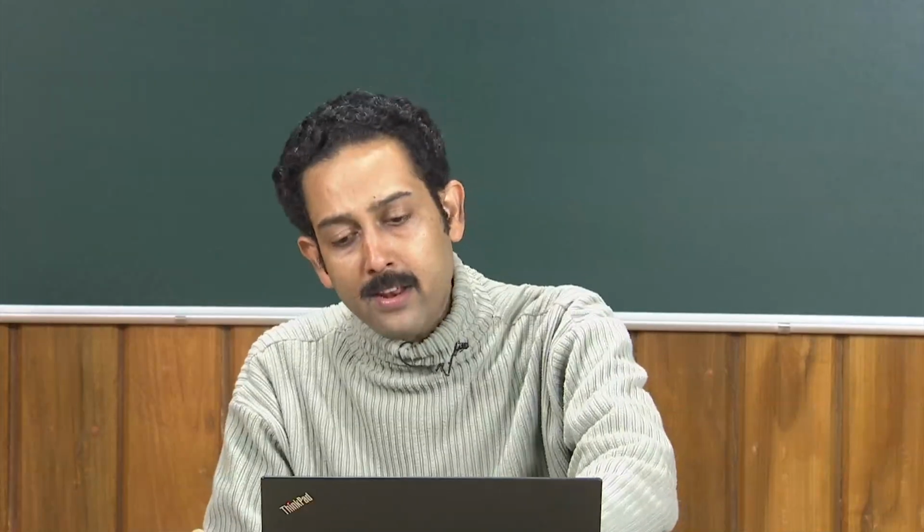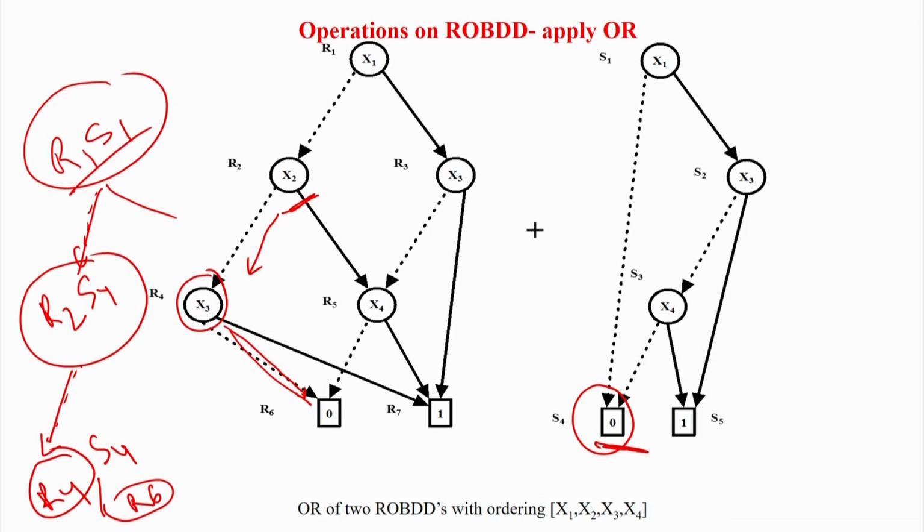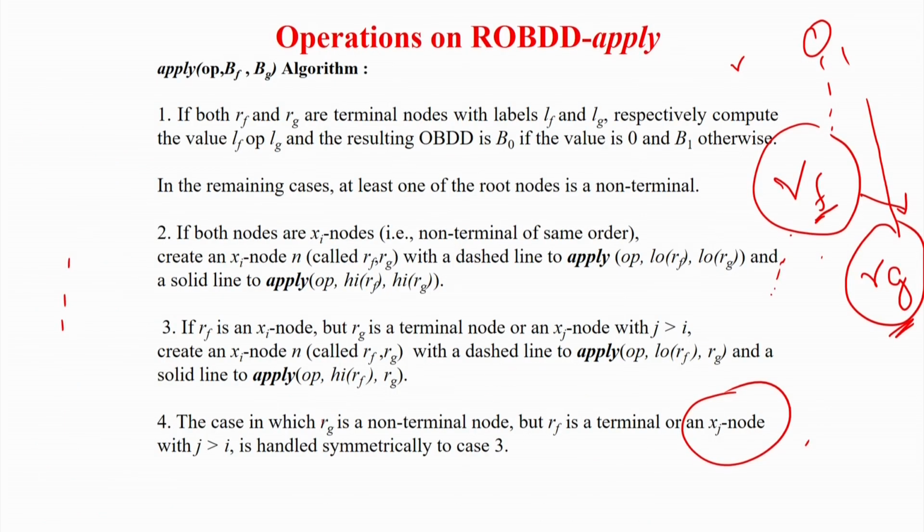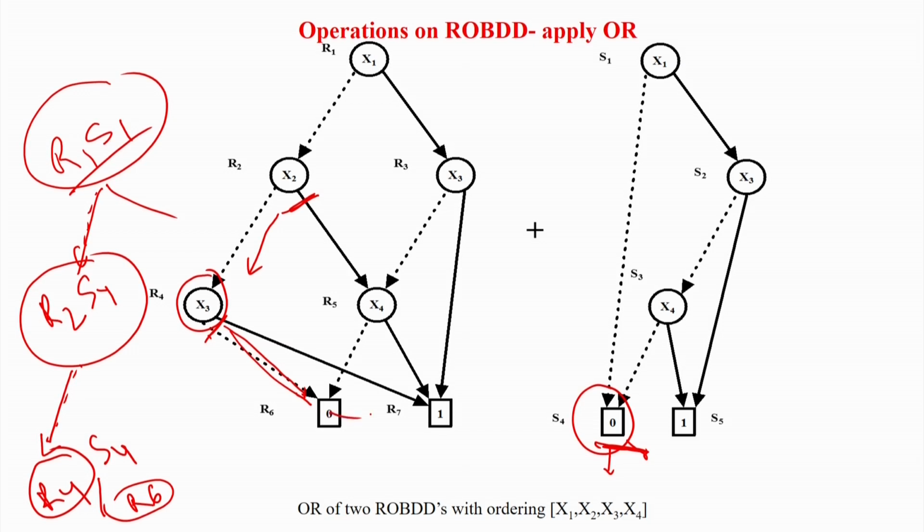But assume that even if it is further up in the level and it is a non-terminal node, still, as x3 is at a higher level, meaning more towards the root and more down the leaf, you cannot take any left or right child from here till this first tree comes to the same level. As of now it is not coming to the same level. So from R4 you are going to go to R6, but S4 will remain constant because x3 is nearer to the leaf compared to S4.